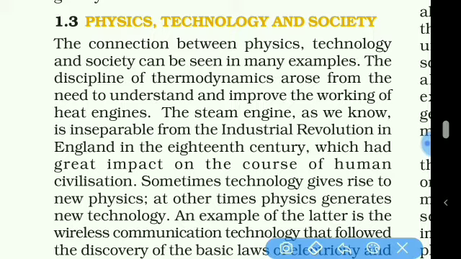We use fan, washing machine, air conditioners, etc. Also, we use TV, computers, tape recorders. These are all nothing but the inventions due to physics, or we can say inventions related to physics.